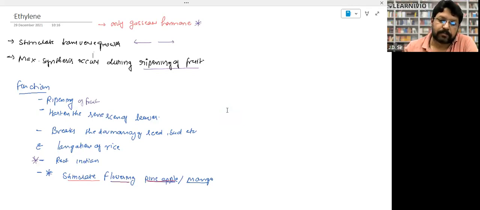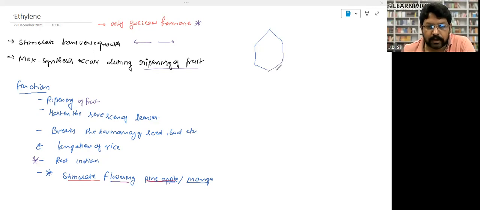Look, it's very important. That's why I'm explaining. Suppose it's a plant cell, a cell of guava. One cell of guava, and these are the other cells.